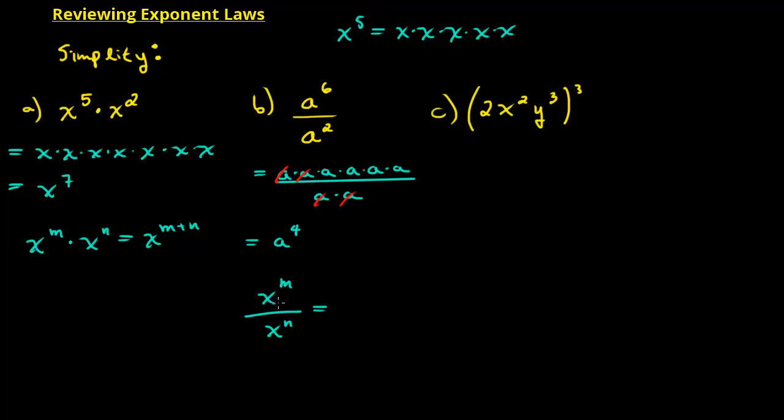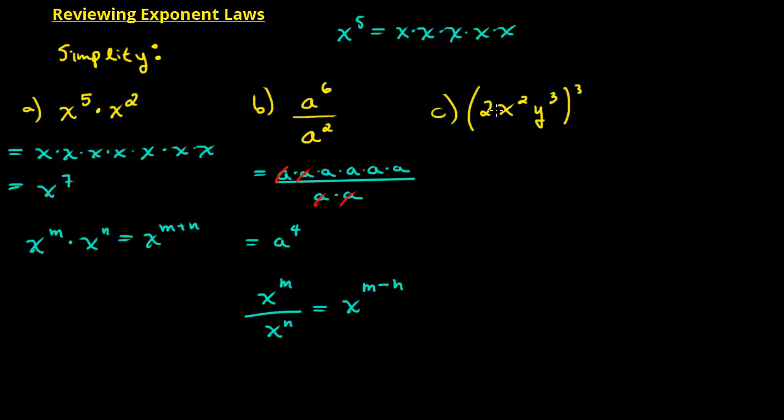Or if I have x to the power of m divided by x to the power of n, I'm dividing out n factors of x. So this will be equal to x to the power of m minus n. And notice that that matches the example that we've done above. So it's pretty easy to see when you write exponents in expanded form. The exponent laws are pretty easy to come up with.